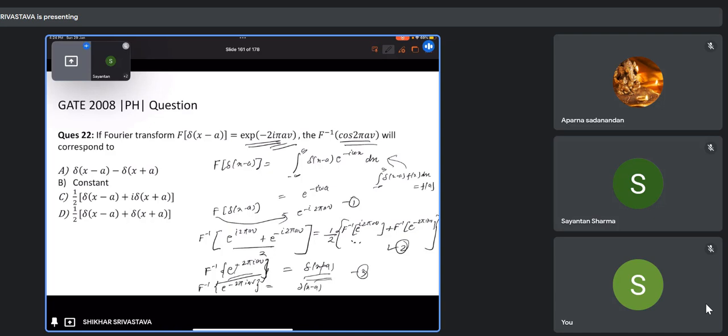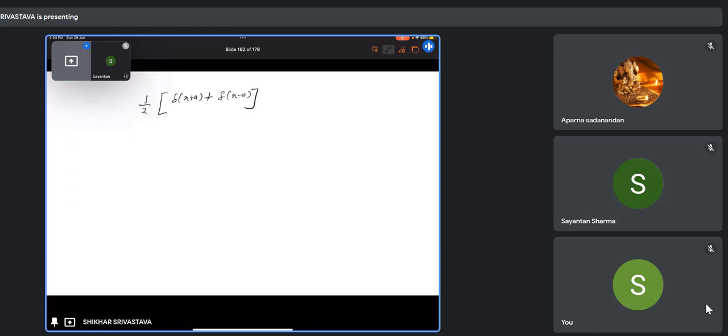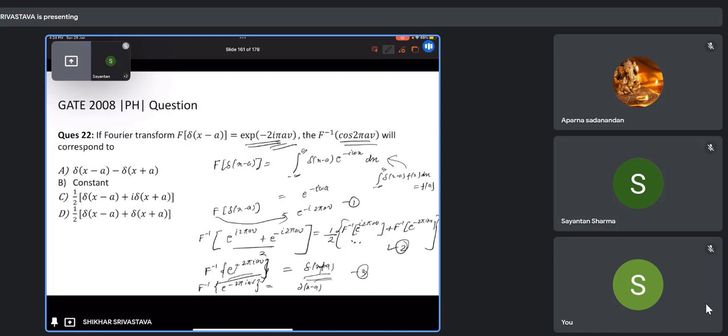So there are two terms, del of x plus a and del of x minus a. So in this way your answer is this, which I think is option D. It's just a simple question, you just have to use this property of inverse. So this is clear, right?